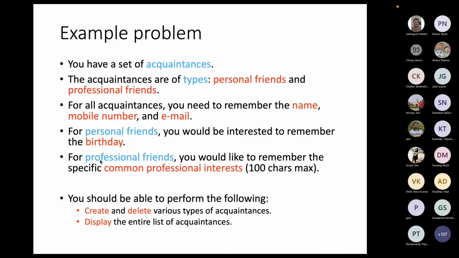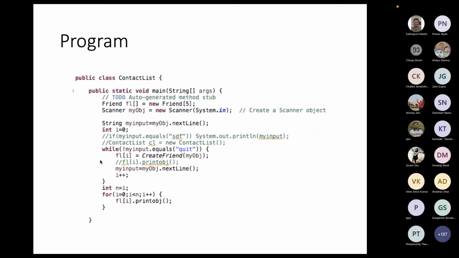Again, there can be many different solutions, so I'm just showing you one solution. In this solution, you have two classes. One is the main class, which I'm calling here ContactList, and it has the main function.